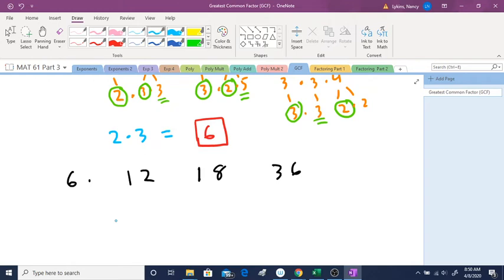So for 12, some of us may use 2 and 6. Others may use 3 and 4. Same thing with 18. Some of us could use 2 and 9. Some of us can use 3 and 3, and so forth. So I want you to take a moment and see if you can do this one yourself.